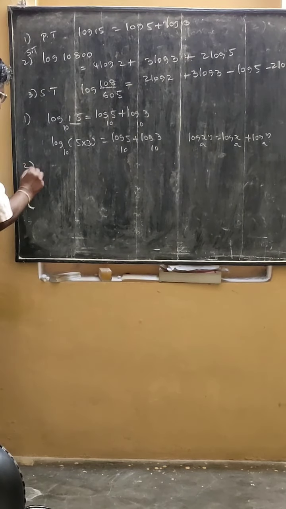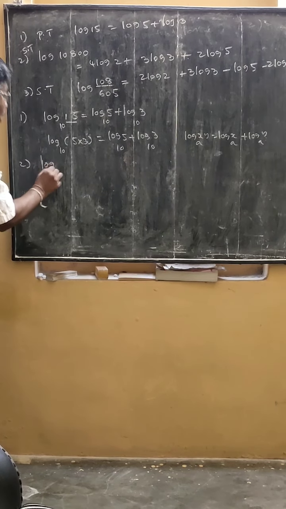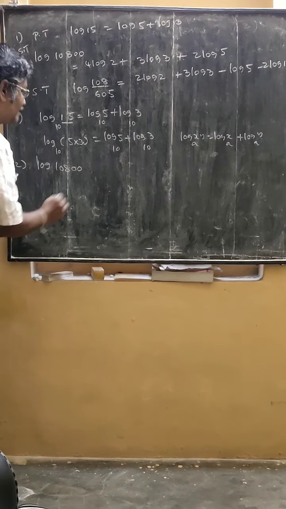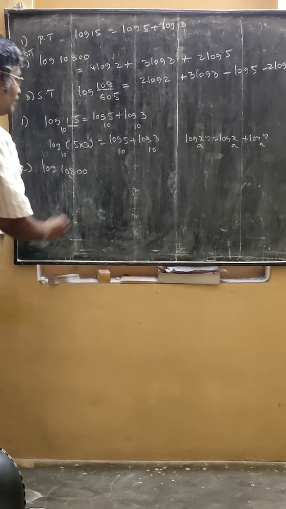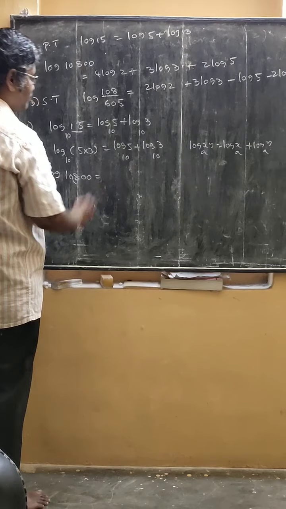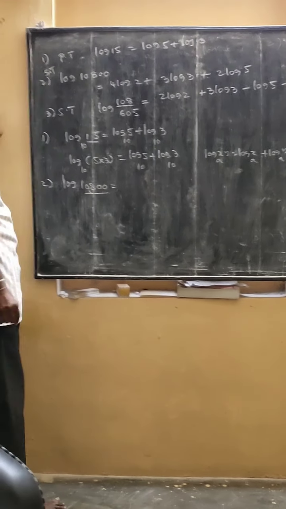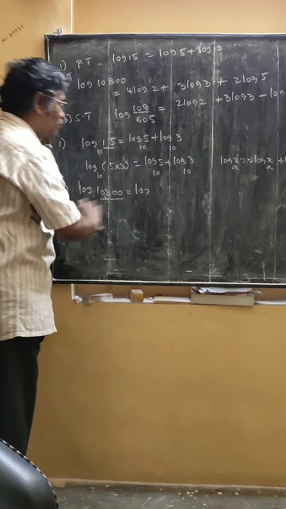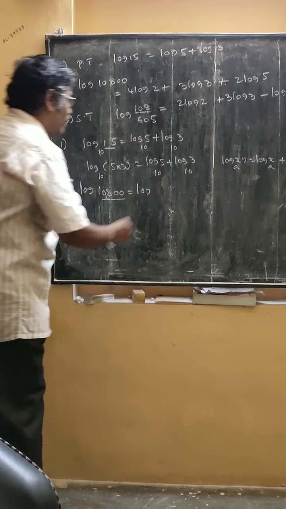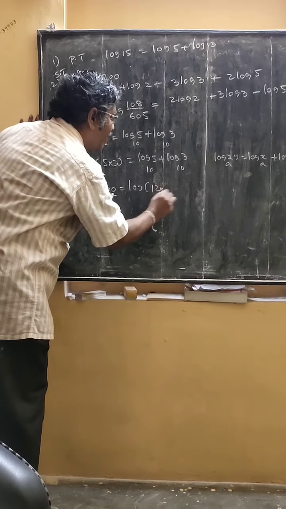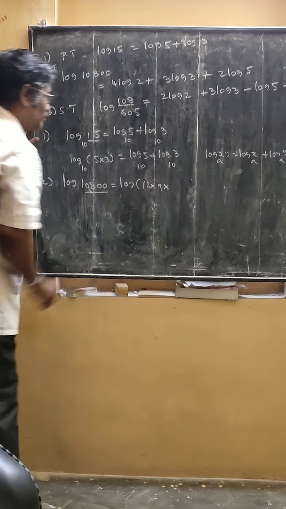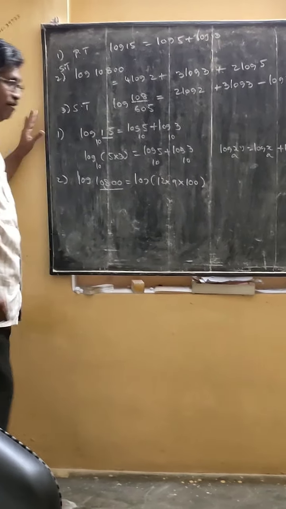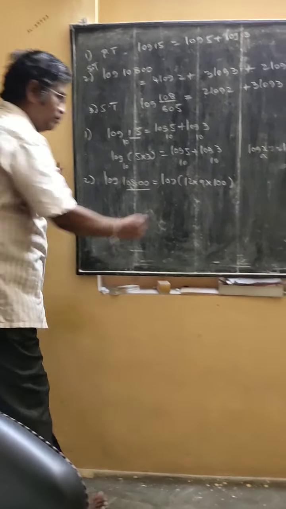Let's come to the second one. Log 10,800. Okay, it's a big number. How can you write this? First of all, write it as a product: 108 into 100, 12 into 9 into 100.